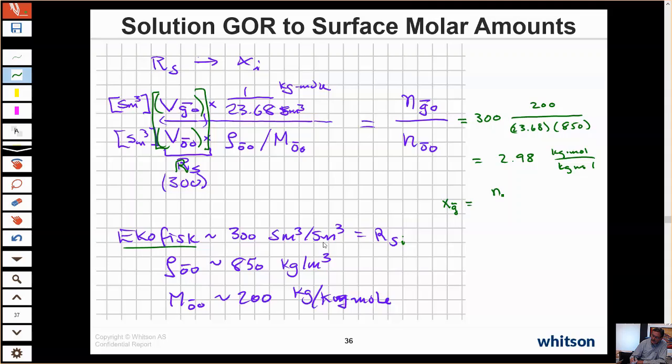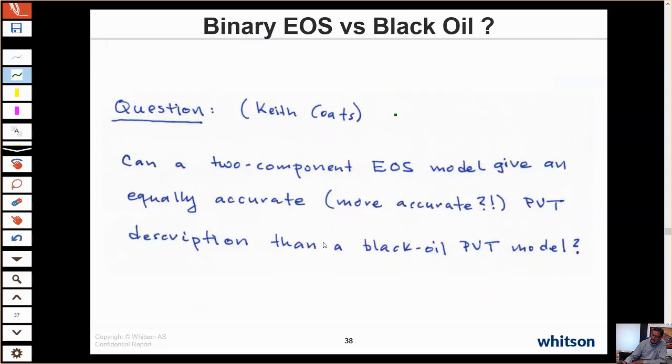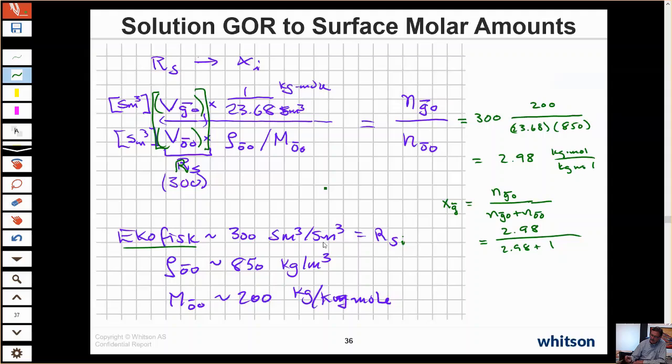that's just NGO over NGO plus NOO. That's the total moles, right? Well, that's then equal to 2.98. That's what ended up in the gas, surface gas phase. And we've got 2.98 plus 1, which is from the ratio, what's in the oil phase.